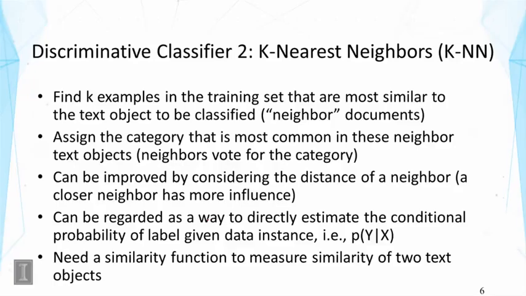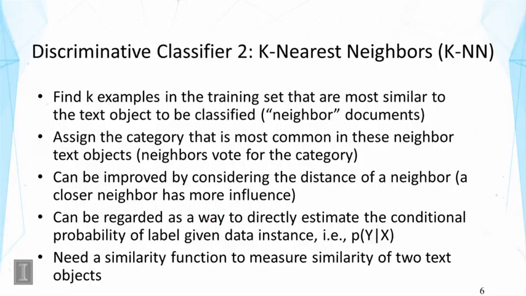Now I'm going to explain this intuition in a moment, but before we proceed, let me emphasize that we do need a similarity function here in order for this to work. Right? Note that in the naive Bayes classifier, we did not need a similarity function. And in logistic regression, we did not talk about a similarity function either, but here we explicitly require a similarity function. Now, this similarity function actually is a good opportunity for us to inject any of our insights about the features.